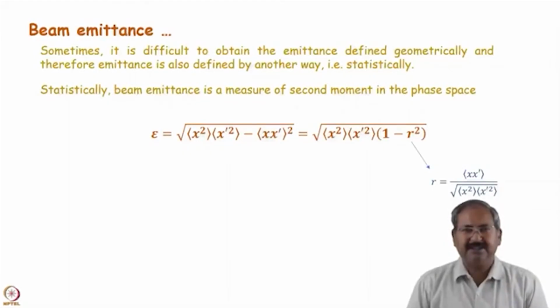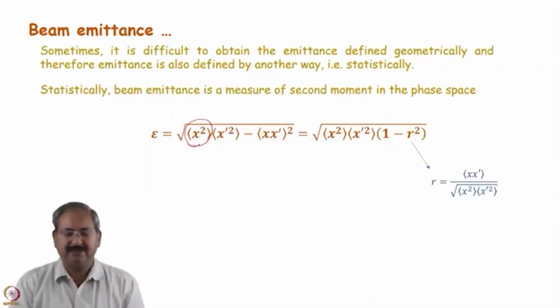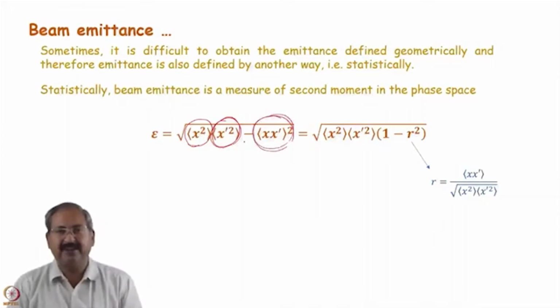Now sometimes, if we know the beam distribution, there may be a difficulty in obtaining geometrically the largest ellipse, meaning defining the emittance using the geometry may be difficult. However, beam emittance can be defined statistically in that case very easily. If you know the beam distribution, we can obtain the RMS values of the positions, the RMS values of the angles, and the RMS value taken together, x and x prime, meaning a correlation.